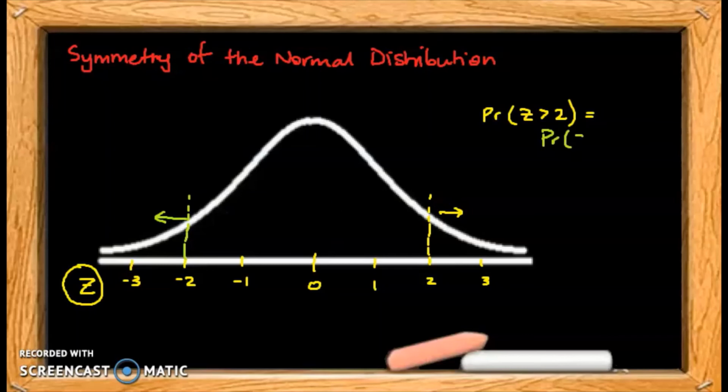So it equals the probability that Z is less than -2. I could also consider in a similar way the probability that Z is between 0 and 2 equals the probability that it's between -2 and 0. And so on.